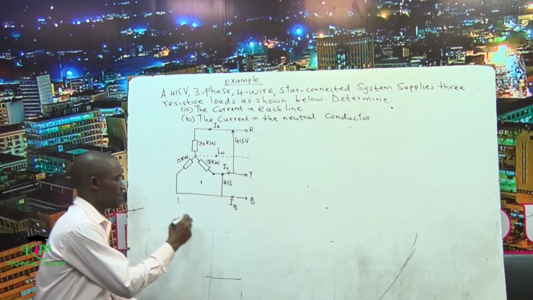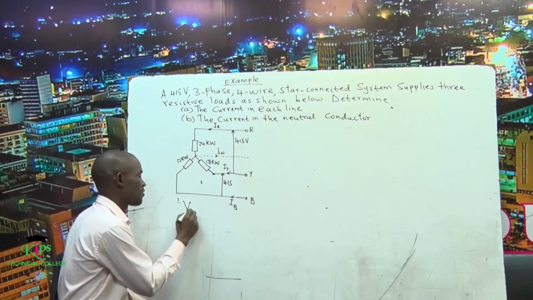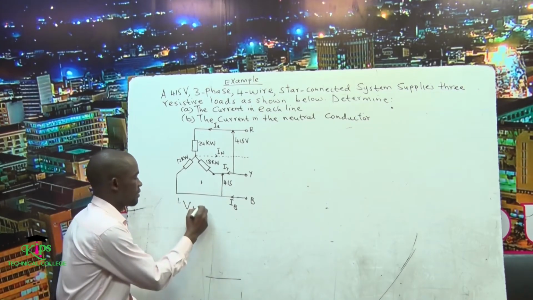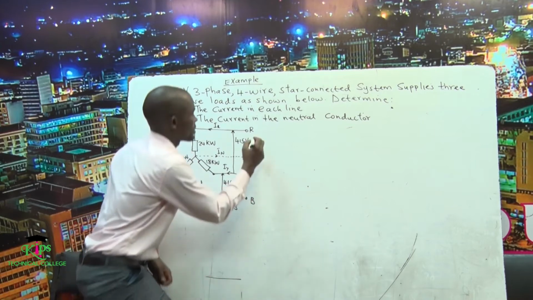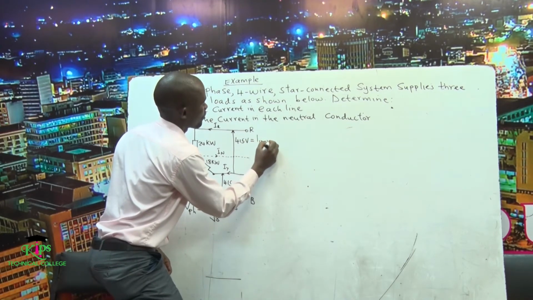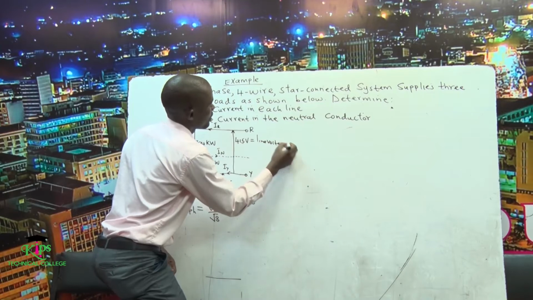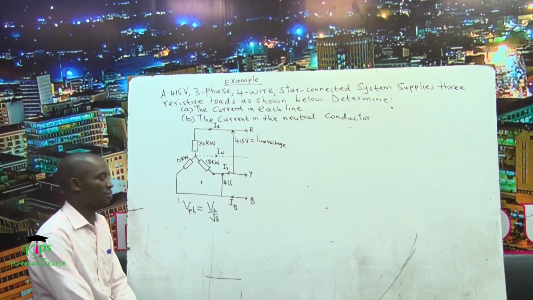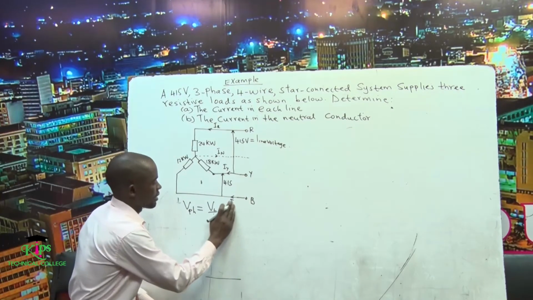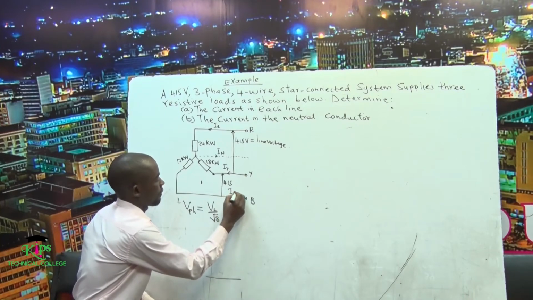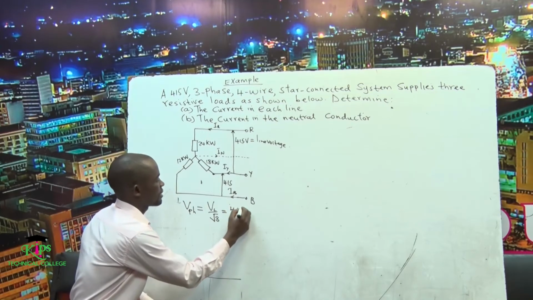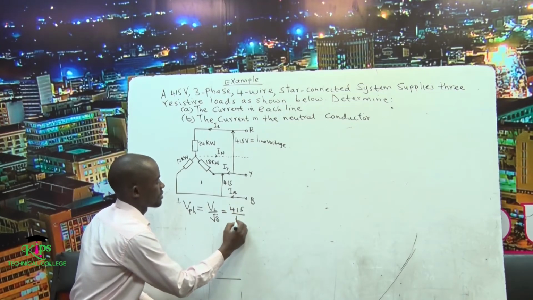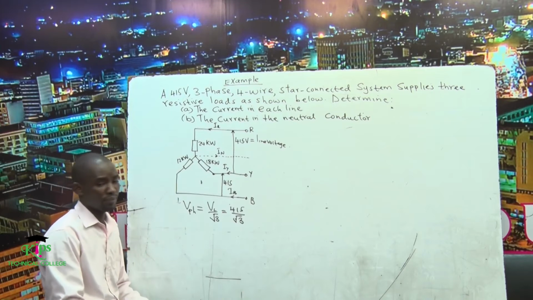So the starting point is to get the phase voltage. Remember we said phase voltage VPH is given by VL, the line voltage, divided by root 3. In this case, our line voltage is 415 divided by root 3.